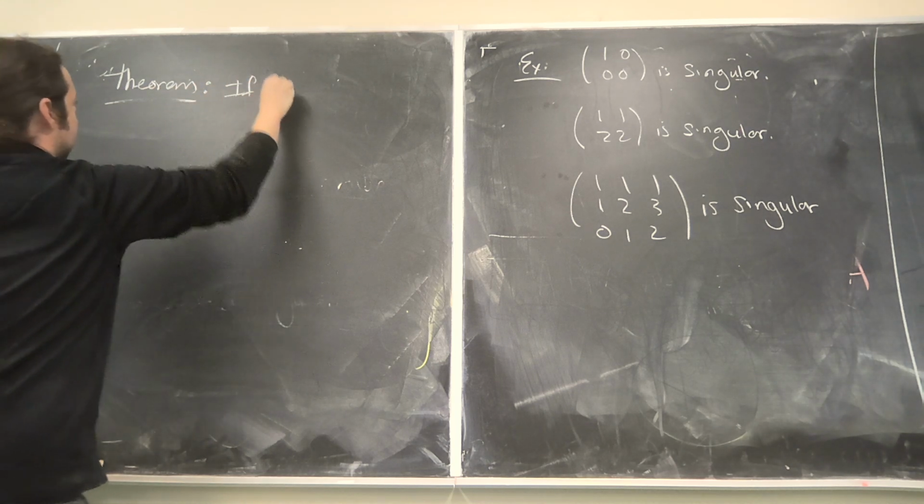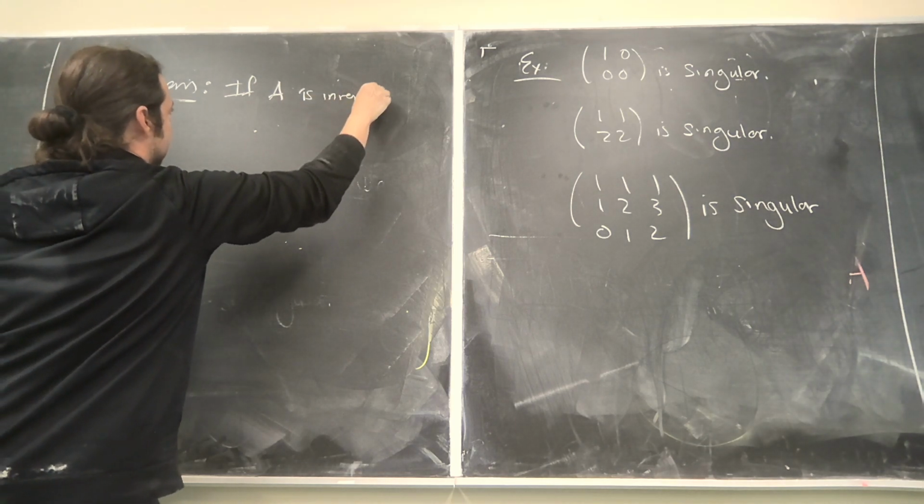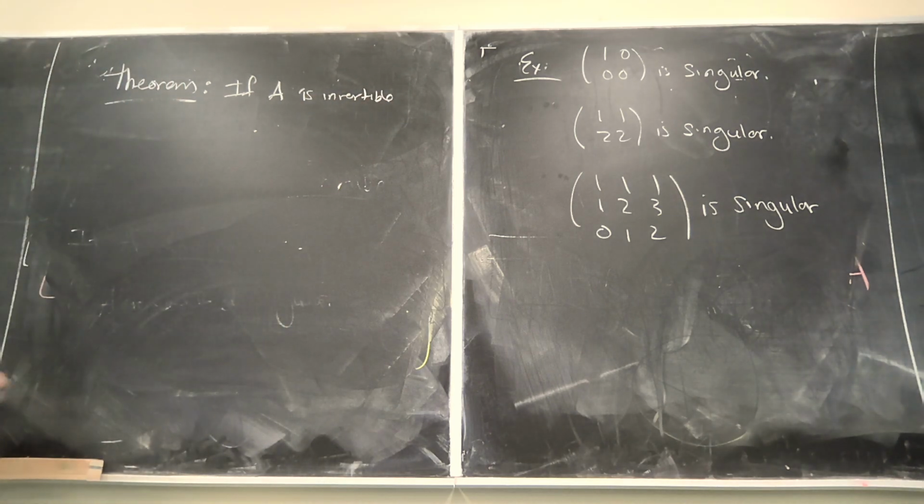If A is invertible, and if I say something's invertible, it is necessarily a square matrix. Inverses don't exist for things that aren't square.